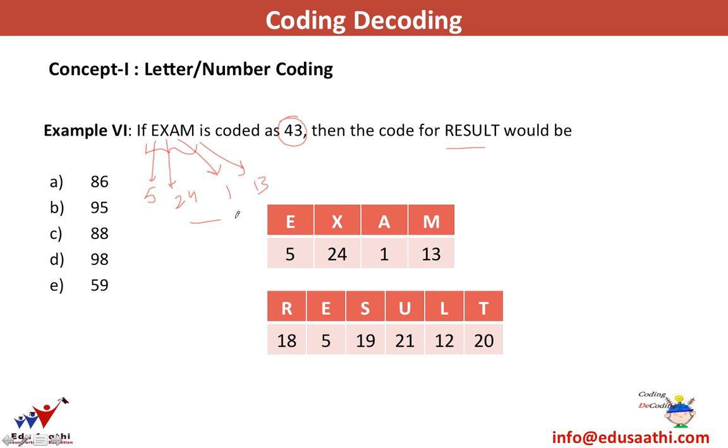When you add all these, you'll get the number as 43. So remember the Ejoti principle. E is 5, this is 10, this is 15, this is 20 and this is 25. It will be easier for you to write for the answer option. So for example, I have R here.